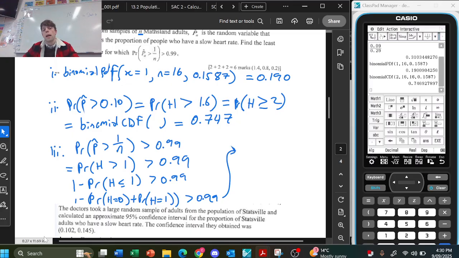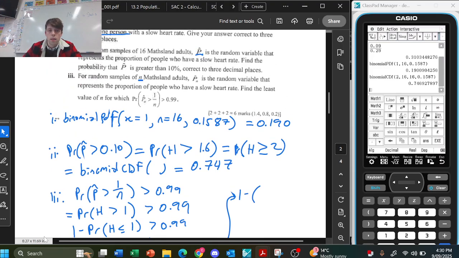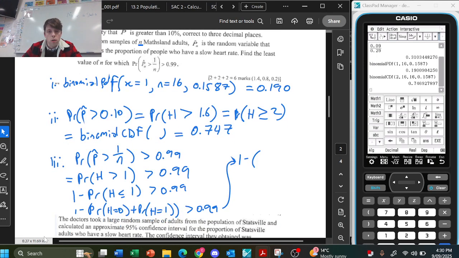So how can it be that the number of people who have a slow heart rate is equal to 0? Well, the probability that somebody has a slow heart rate is this thing here, and if all n of the people do not have a slow heart rate, then what's the probability that 1 person doesn't have a slow heart rate? Well, it's going to be 1 minus the probability that they do.